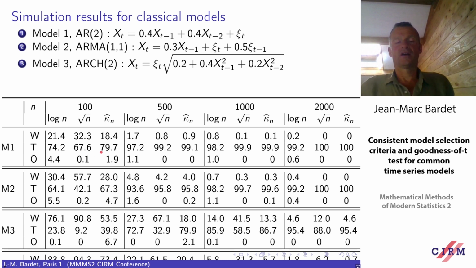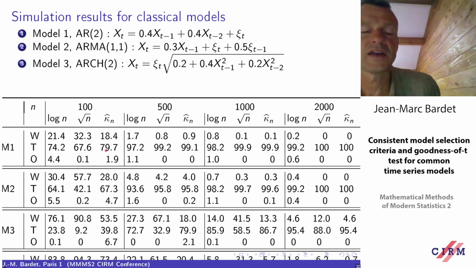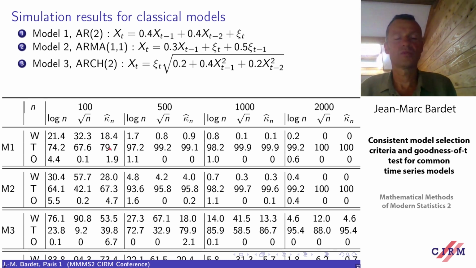And finally, using slope heuristic here, we could improve our criterion, and we obtained 79 percent of the times the true model.